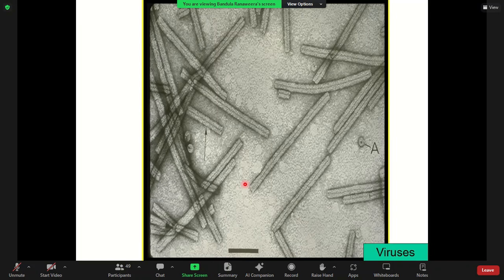There are many plant diseases caused by viruses, and viruses contain a protein capsule. So this is an electron picture of a virus: a protein capsule, and inside this capsule there is a DNA or RNA molecule. In most plant pathogenic viruses, an RNA molecule is there.